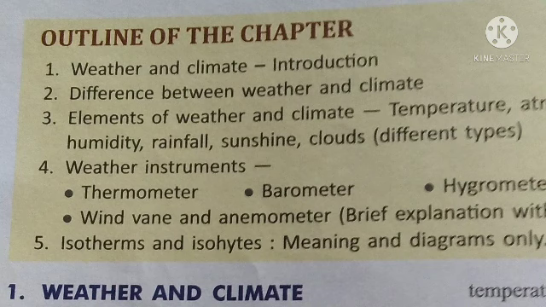A dial at the base records the number of times the cups turn in a fixed time. One knot is equal to one nautical mile per hour. Wind speed may also be expressed by the use of the Beaufort scale.